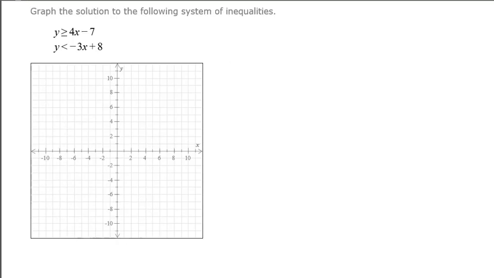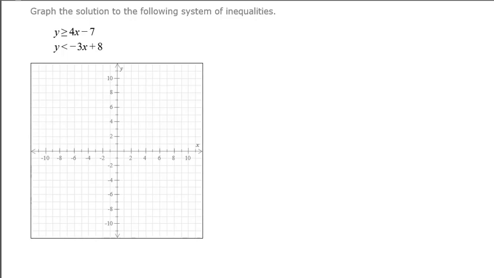Next, we're going to solve a system of linear inequalities. So we have two inequalities. Y is greater than or equal to 4x minus 7, and y is less than negative 3x plus 8. They're both in slope-intercept form, so we can go ahead and graph each one, and we're going to do those individually.